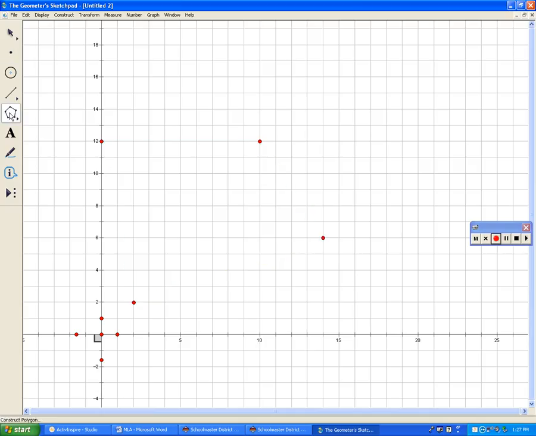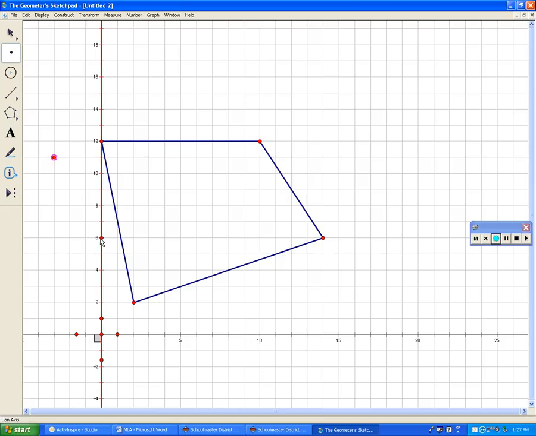I got to go back to the point I started at. And what are we doing to the shape this time? Okay, scale factor of 1/2, so we're going to cut them all in half. So instead of this being at 0, 12, it's going to be at 0, 6. Instead of this one being at 2, 2, it's going to be at 1, 1.